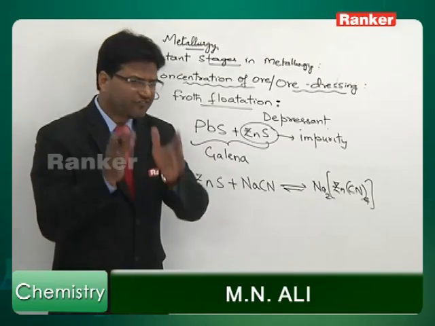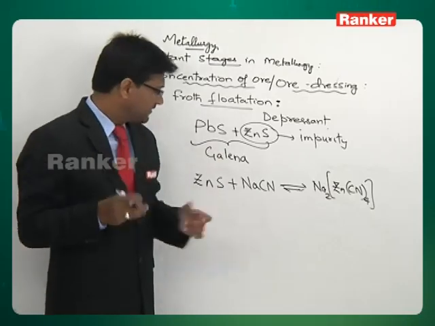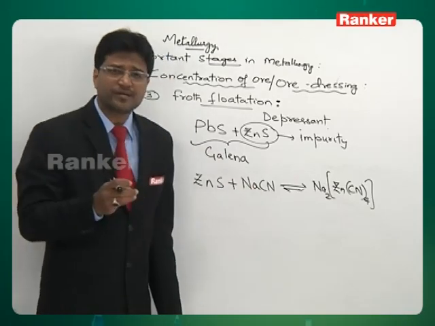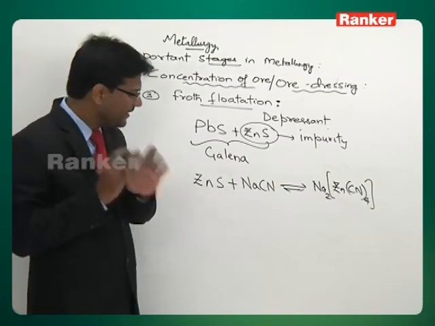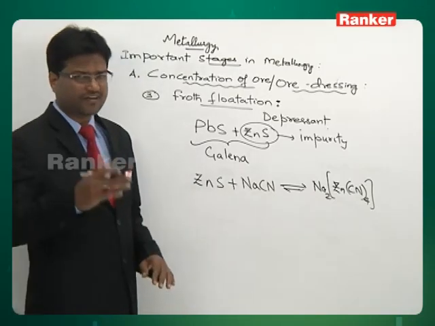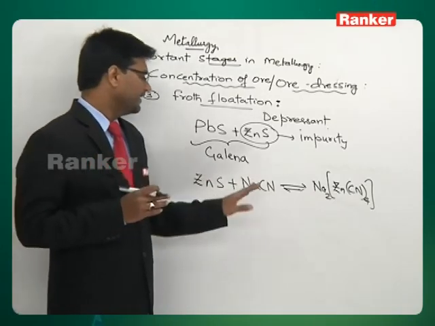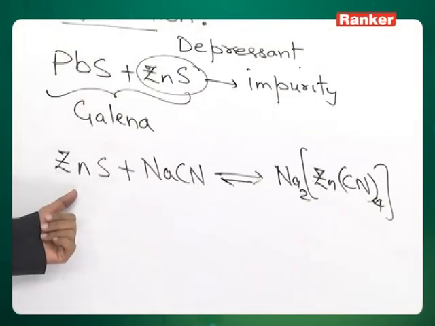So, during the froth flotation of galena, add sodium cyanide, then sodium cyanide selectively combines with ZnS and will not allow ZnS to stick to the froth. So, only PbS will stick to the froth and you can recover it. Here NaCN is said to be acting as a depressant for ZnS.